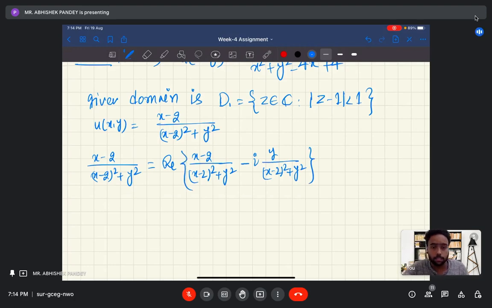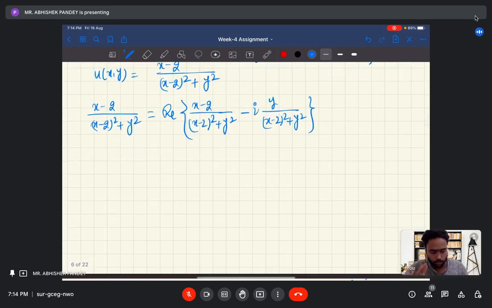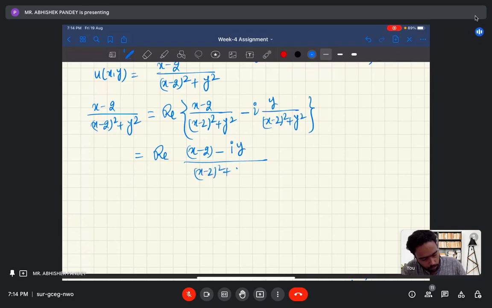So this is clear. The real part of this is nothing but this one. Now we can write it as the real part of (x minus 2 minus iy) upon (x minus 2) whole square plus y square. We can write it as (z minus 2) bar upon |z minus 2| whole square.